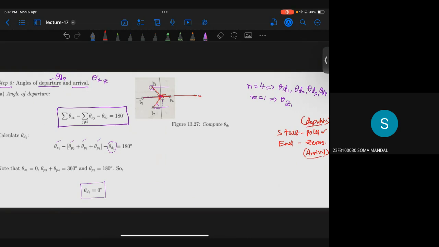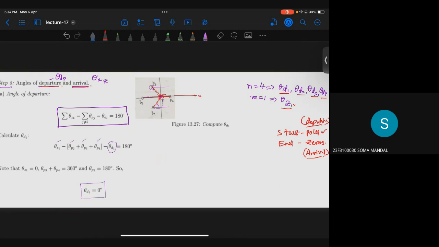So we have to calculate the angles of departure and the angles of arrival. Angles of departure are with respect to the poles. We have four poles, so we have four angles. Angles of arrival are with respect to the zeros. We have one zero, hence we have one angle of arrival.